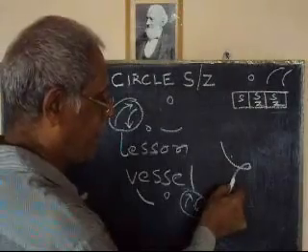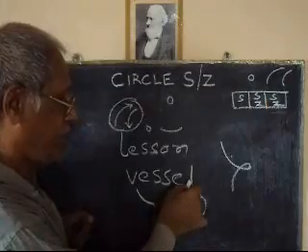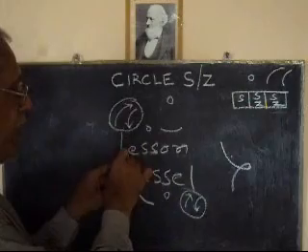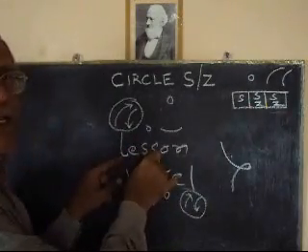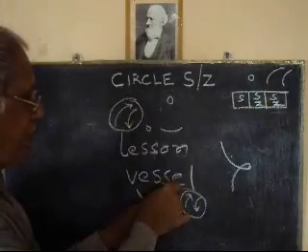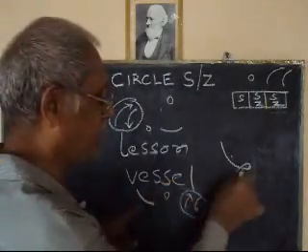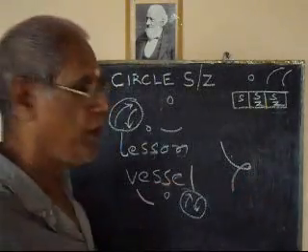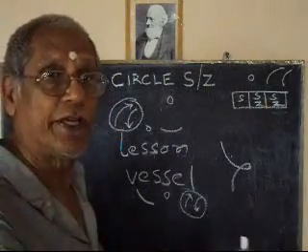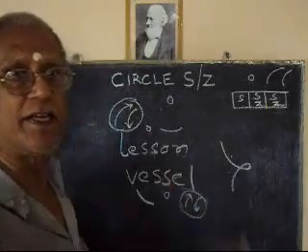That means L is preceded by a circle. So before L, here in this example lesson, after L there is circle S. Here before L there is a circle. That circle is attached with a curve. In such cases, you write the L, you choose either upward L or downward L as per the direction of the circle.